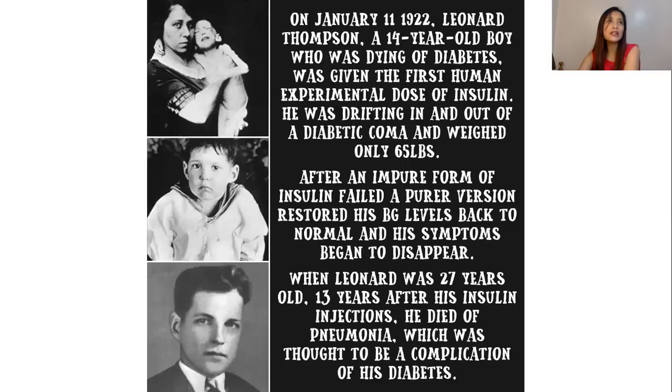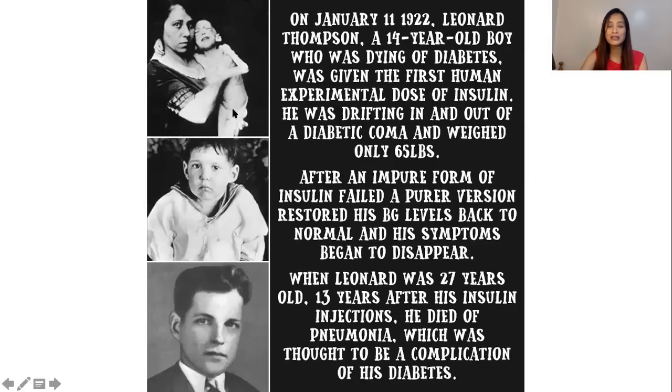The first successful insulin was actually isolated from the pancreas of dogs. Initially, the impure form of the insulin failed, but they were able to isolate it and generate a purer version. This purer insulin, injected into Leonard, restored his blood glucose level back to normal, and his symptoms began to disappear.